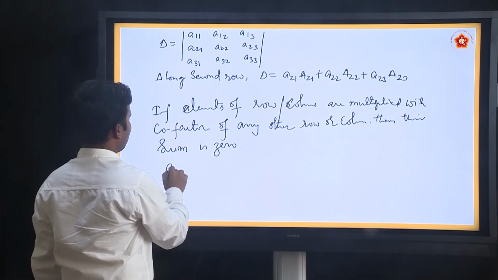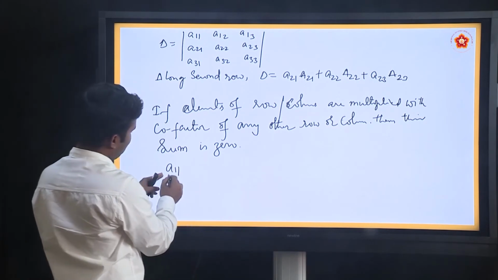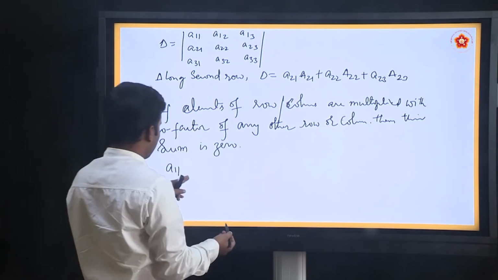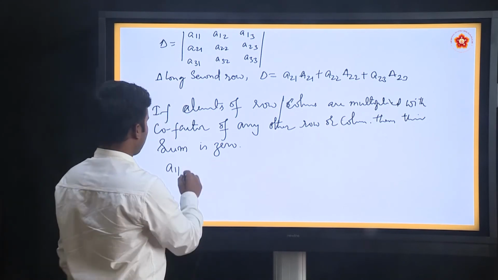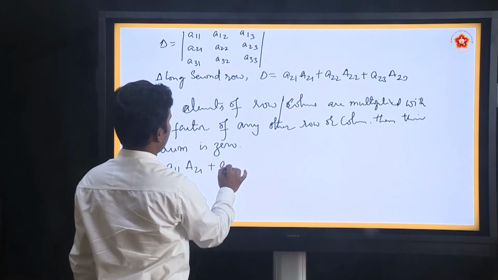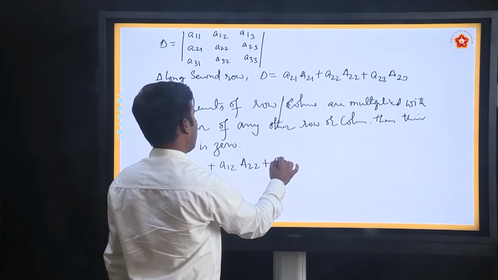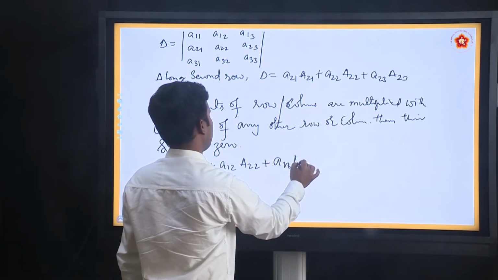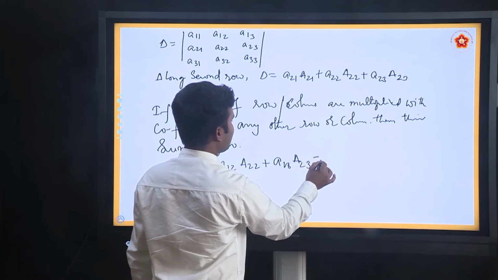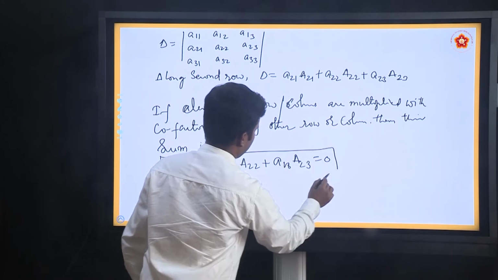See, if you multiply A11 with the cofactor of the second row, I am not multiplying A11 with its corresponding cofactor, I am multiplying with the cofactor of the other row, which is the second row: A11 C21 plus A12 C22 plus A13 C23, okay, and this sum becomes 0. So you just remember this one, it becomes 0.